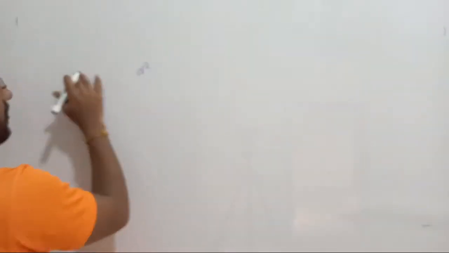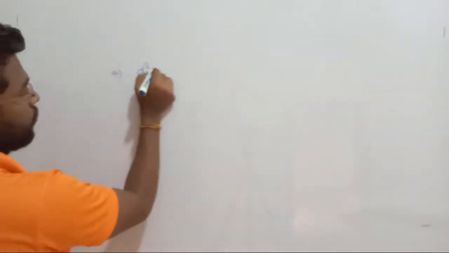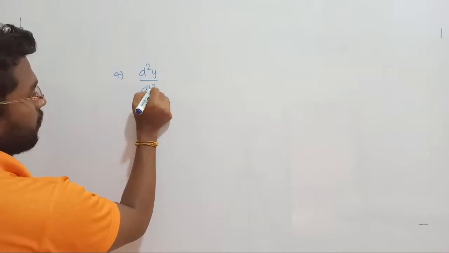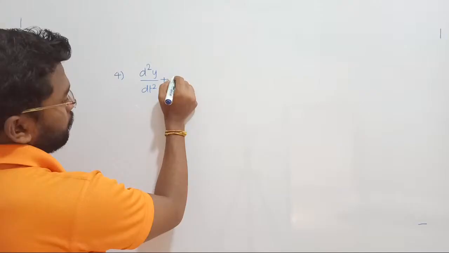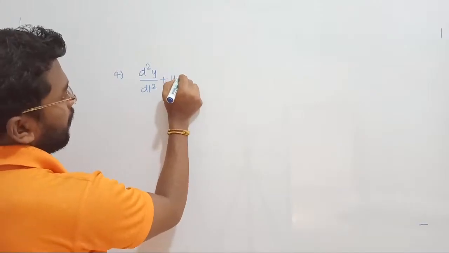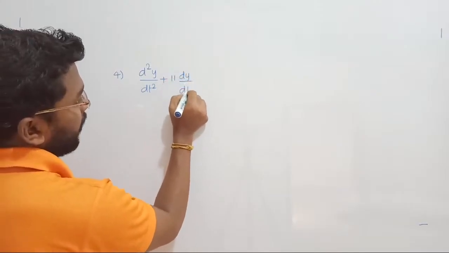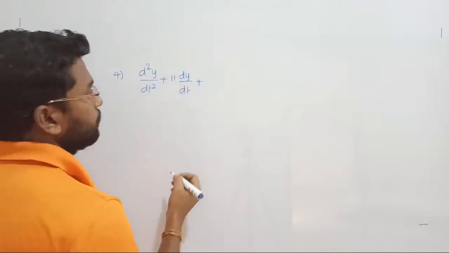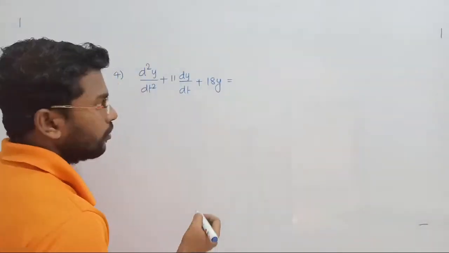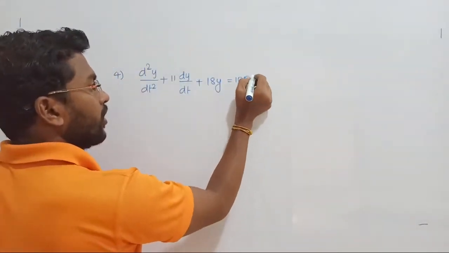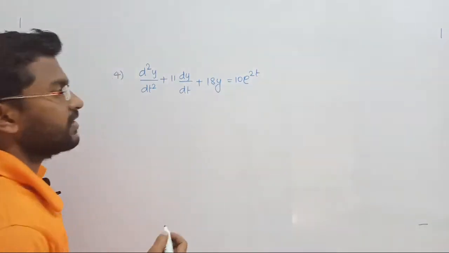Let us take example number 4: d square y upon dt square plus 11 times dy upon dt plus 18 times y equal to, let us consider, 10 into e power 2t. That is the given equation.